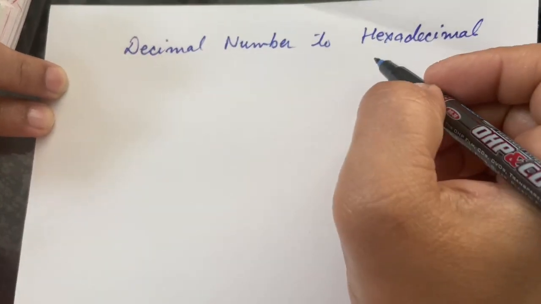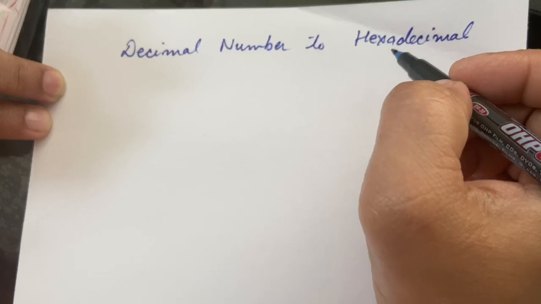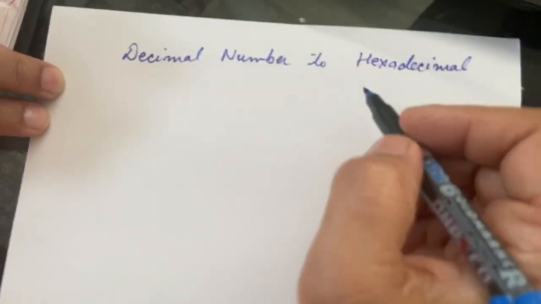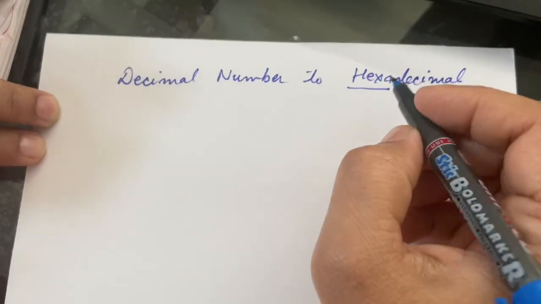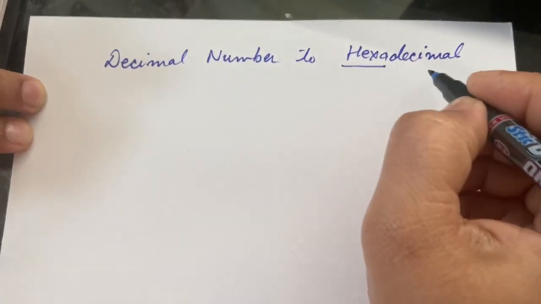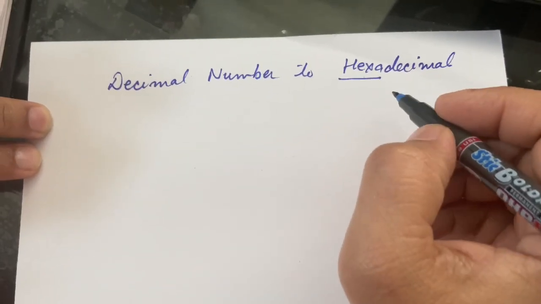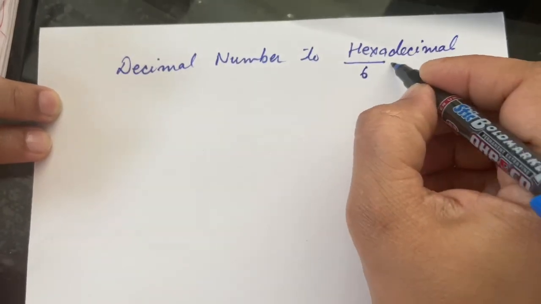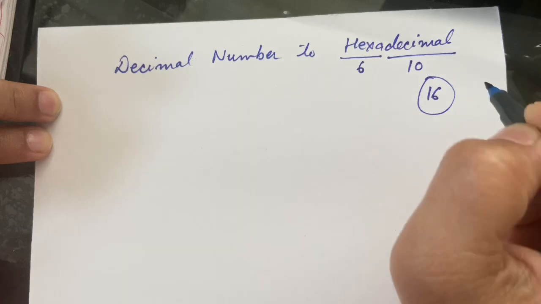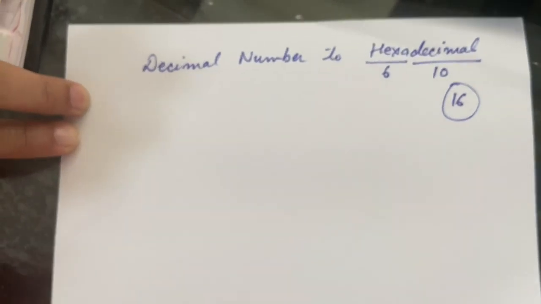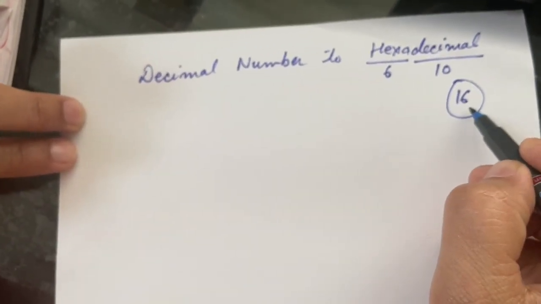The only difference is the base. In this number system, we have to divide the decimal number by 16, because in the last video I told you that in hexadecimal we have 16 numbers. Hex means 6 and deci means 10. So the base of hexadecimal is 16. So the decimal number is to be divided by 16.